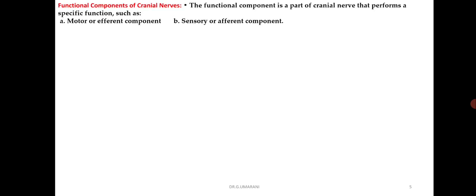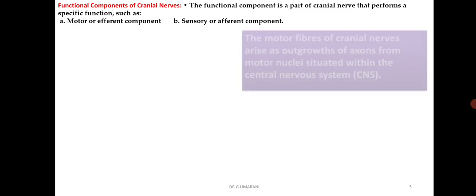Now coming to the functional components of these cranial nerves. The functional component is a part of the cranial nerve that performs a specific function, such as motor function, that is the efferent component, or sensory, the afferent component.